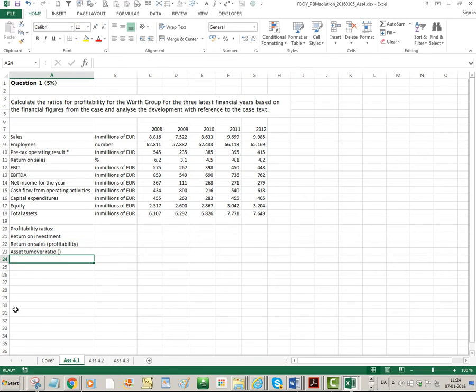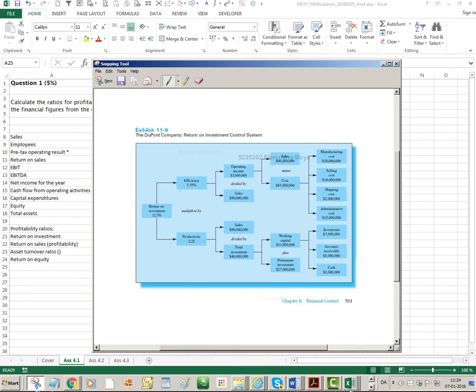And the 4th one you should have in mind is the one we call return on equity. Let me check that text again. Efficiency, and here they use productivity.